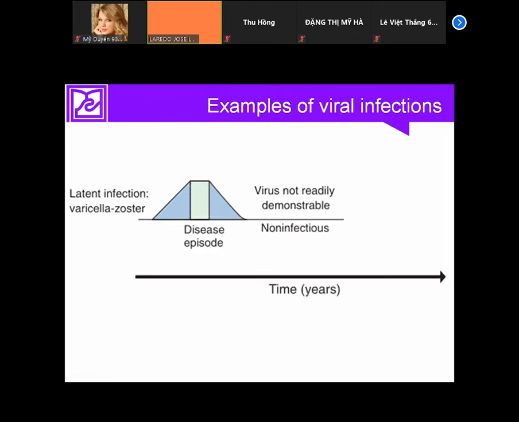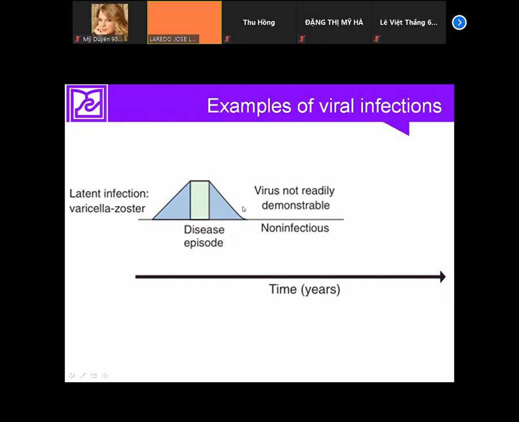Example of a latent infection that we will study later. Look, you are infected here. You suffer a disease for a few days. After a few days, you recover, the disease disappears, but not the virus. The virus does not disappear. The virus becomes latent.